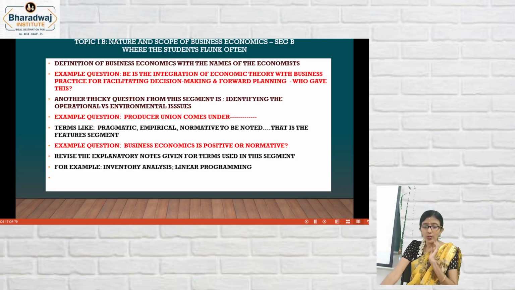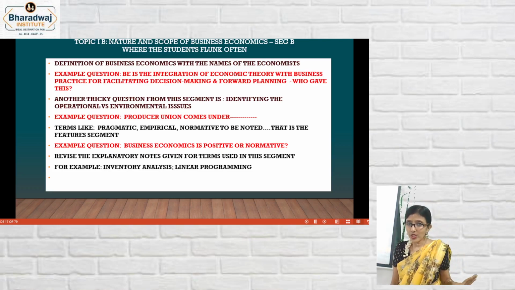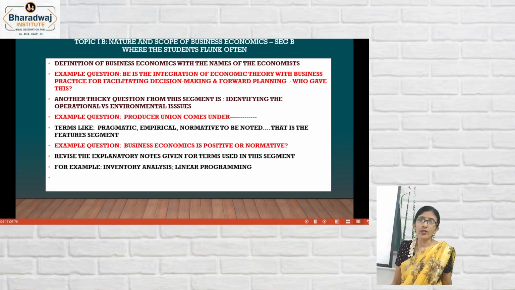Now we are coming to segment B. These are the aspects where students make mistakes, collected for you. Definitions of business economics with the names of economists they never studied. After the 4 fundamental definitions, you don't note any other names at all.